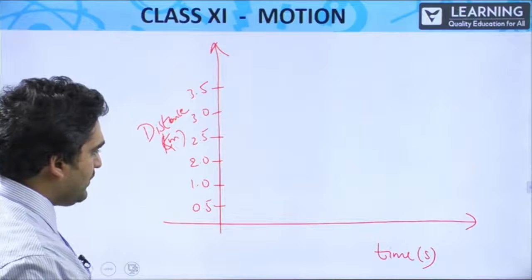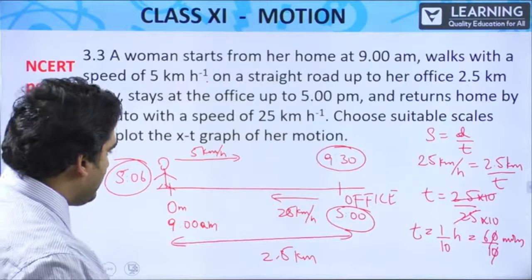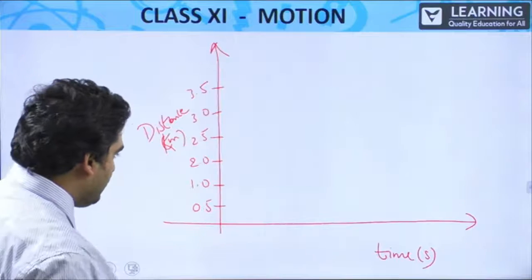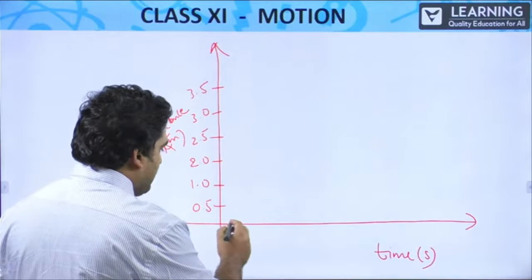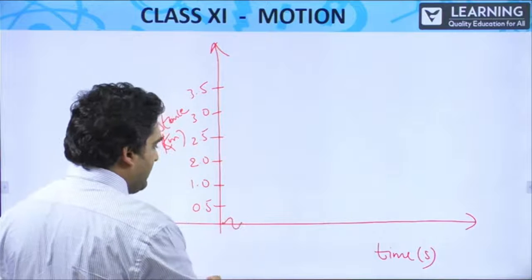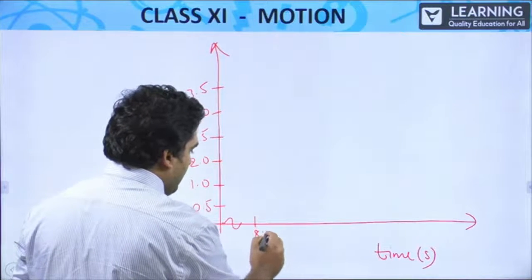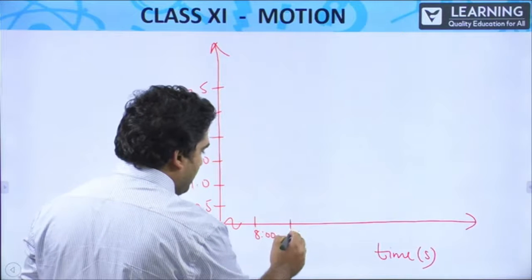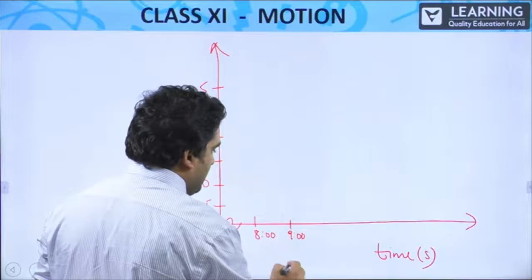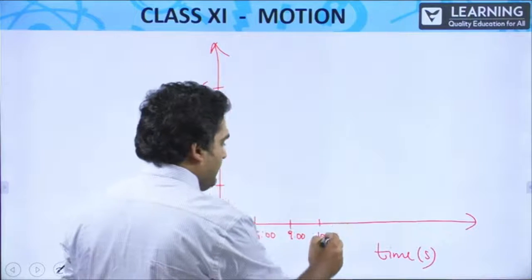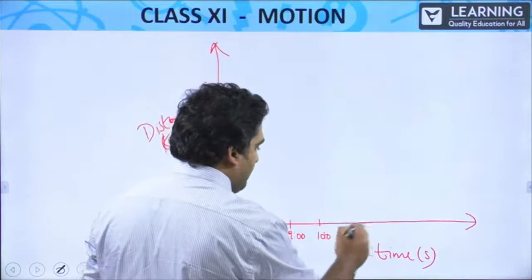For time, we shall do one thing. If I have to convert it to hours, we will start with a break in the graph. 8 a.m., 9 a.m., 10 a.m., 11, 12.